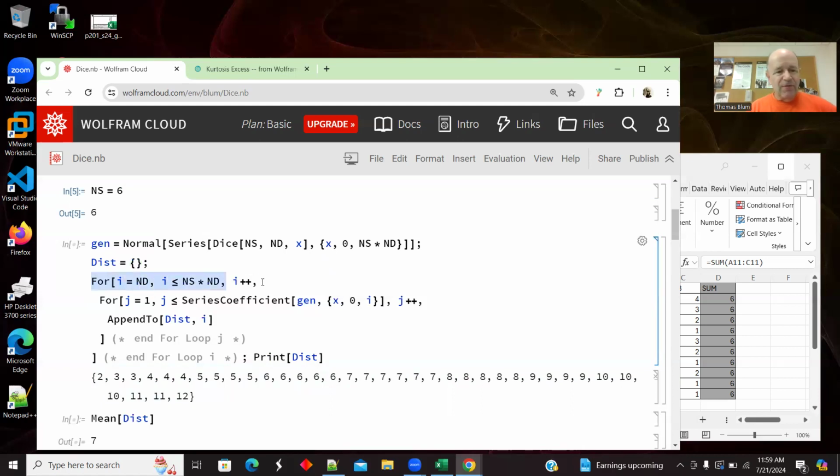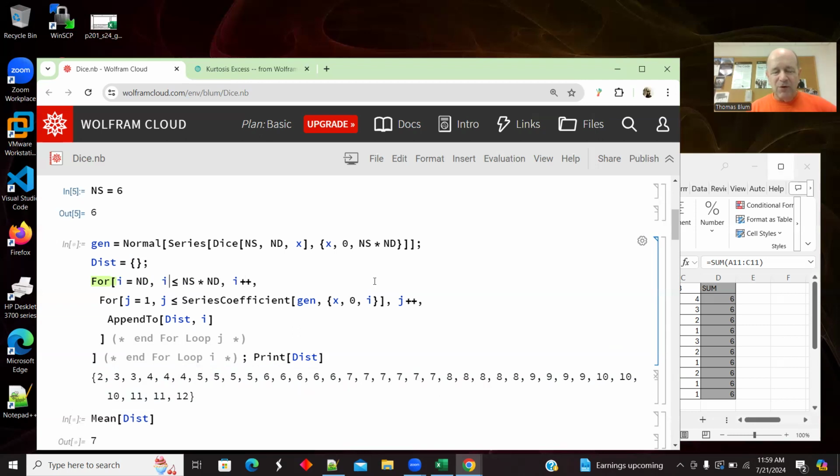So this is my for loop in Mathematica language. It's a method, and so the parts are separated by commas, where I'm initializing, the condition under which I continue, and the incrementing.